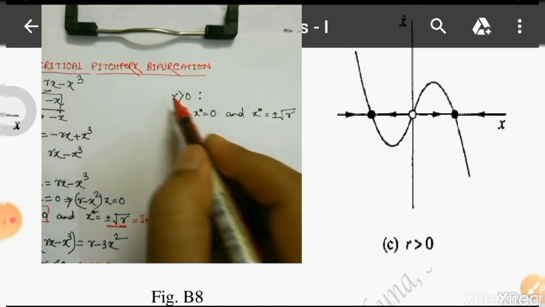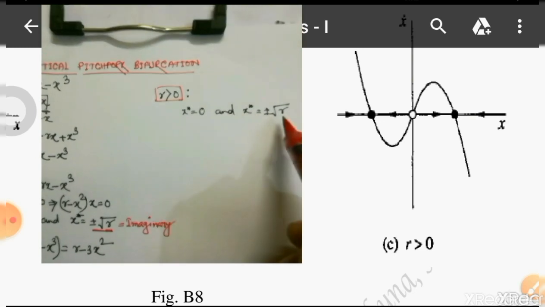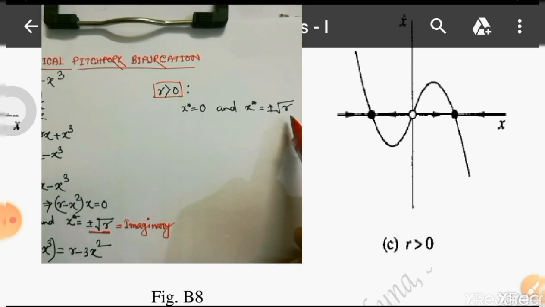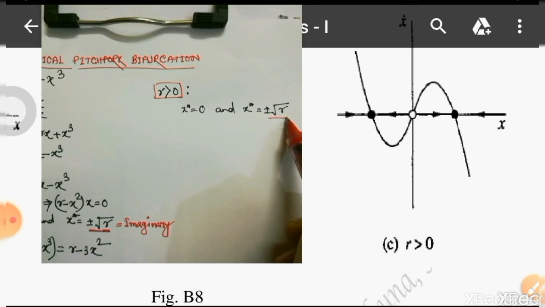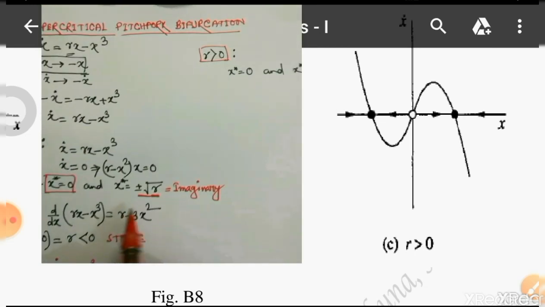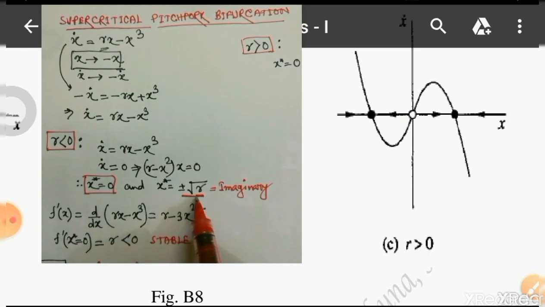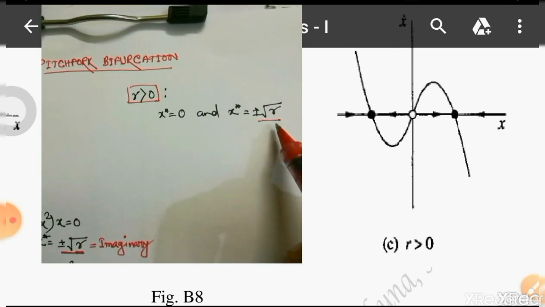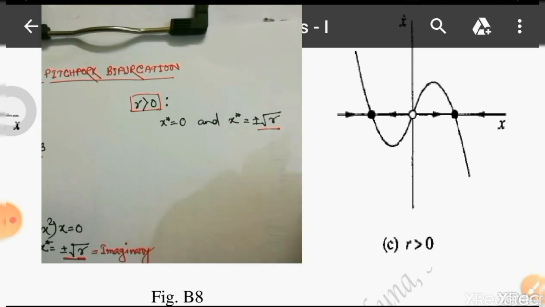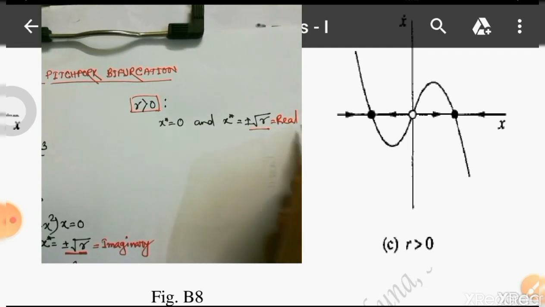Okay. Now, the condition is r greater than 0. Since r is greater than 0, this is now a real number. Unlike when r is less than 0, where x star becomes an imaginary number, since now r is greater than 0, this is a real number.